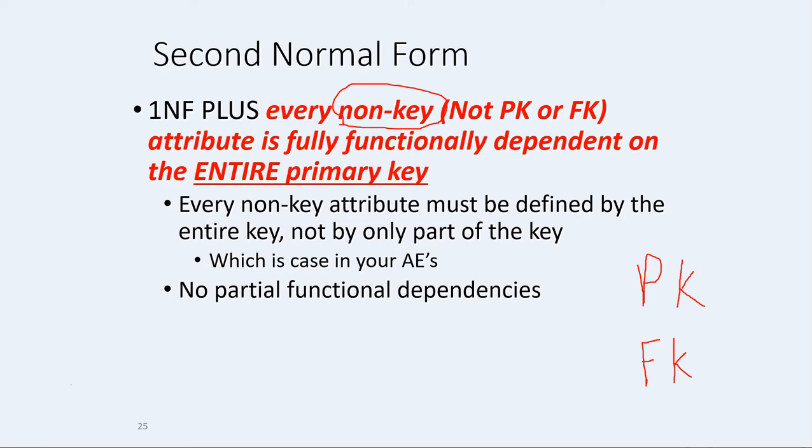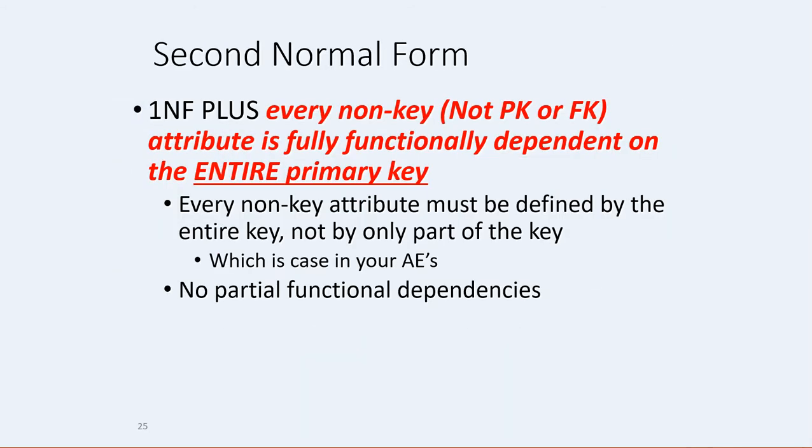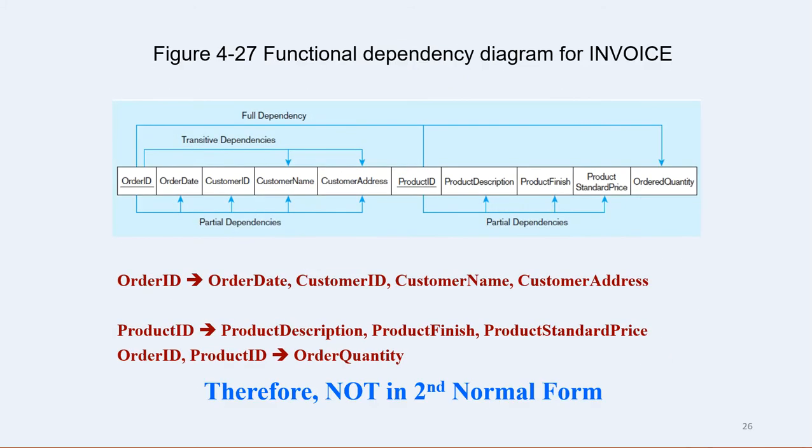So every non-key attribute must be fully dependent on your entire primary key. How do we do that? To do second NF, we had this table. With this data file, you take all these columns, field names, and write all of them down in a single row, multiple columns.